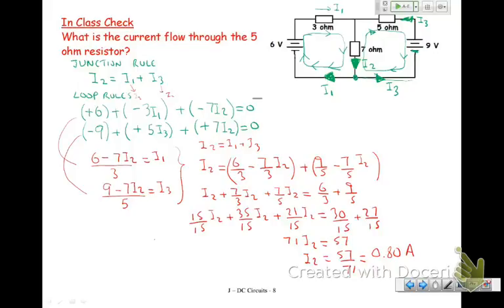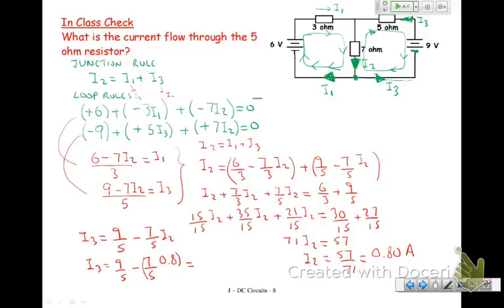So now that's I2, and what did I want? The current through the 5 ohm resistor, which is I3. So I say, okay, I3 equals 9 over 5 minus 7 over 5 I2. So I3 is equal to 9 over 5 minus 7 over 5 times 0.8.